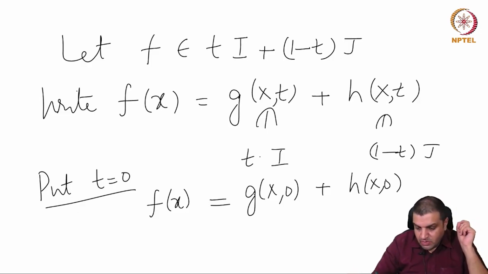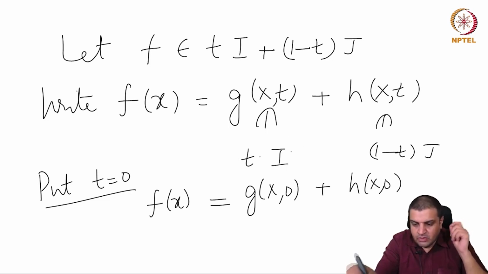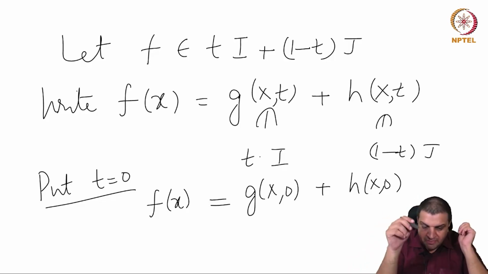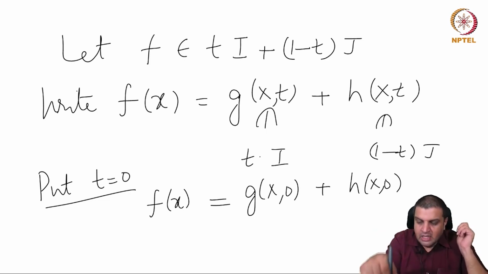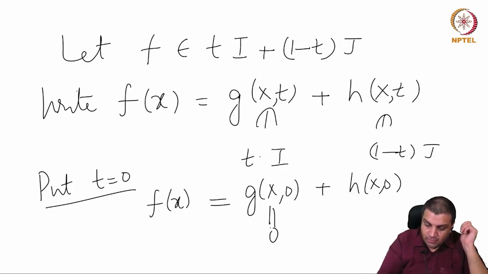Well, G is in Ti, so it is going to be T times some S linear combination of generators of I. Not an element of I, but an element of the extended ideal. So when you put T equals 0, we just get this to be 0.